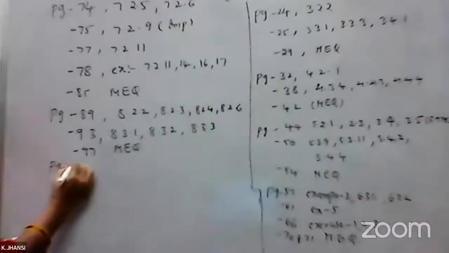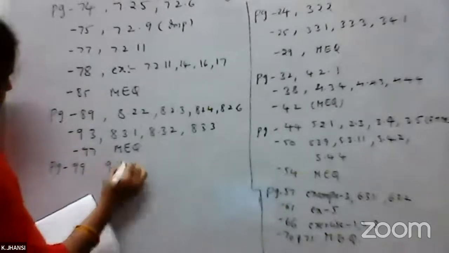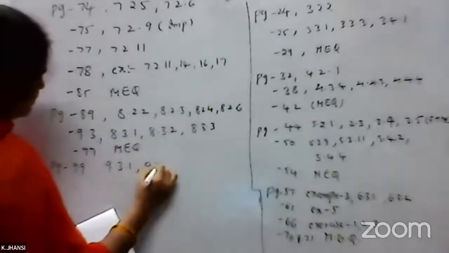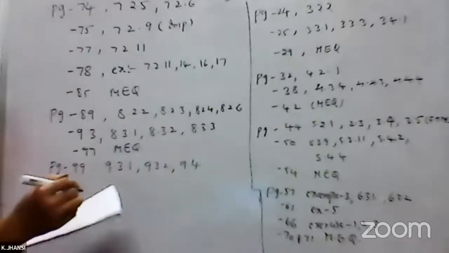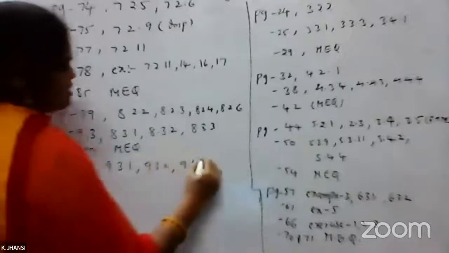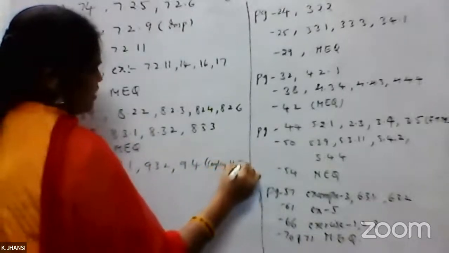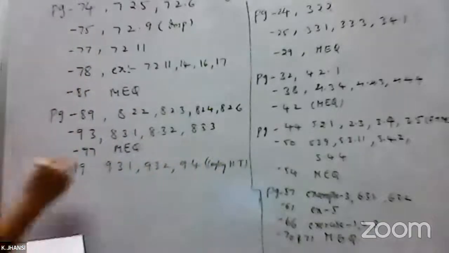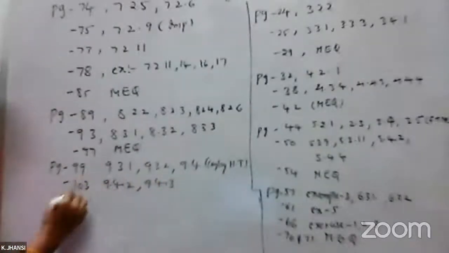We have page number 99. 9.4. This is the Cayley-Hamilton theorem, okay? This is also an important one. Next we have 103. 9.4.3.